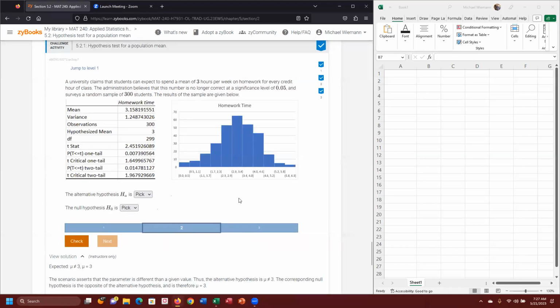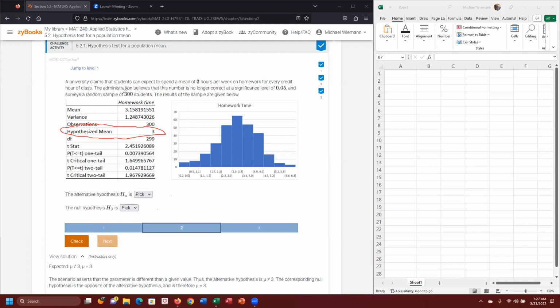Let's take a look at the second one. The alternative, let's deal with the null hypothesis. When dealing with the mean, you're always utilizing the hypothesis mean right here. So if I read the statement, I have to make the determination whether it's an equal, not equal relationship or a less than, greater than relationship.